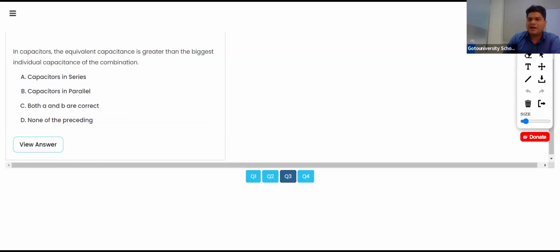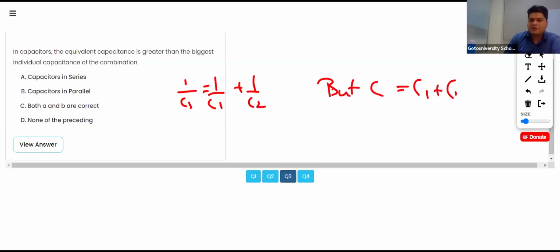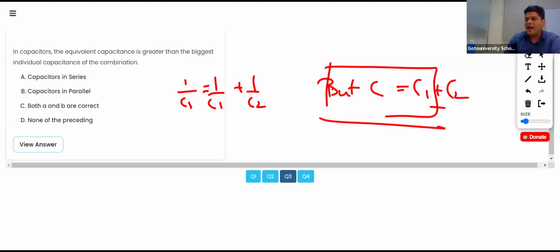In parallel, capacitance is adding. Your C will be equal to C1 plus C2. That means in this case, there will be the add up. That means your capacitance in parallel will give the greater capacitance value.